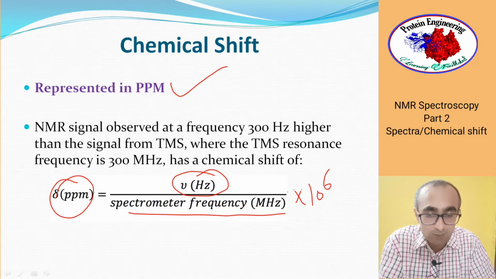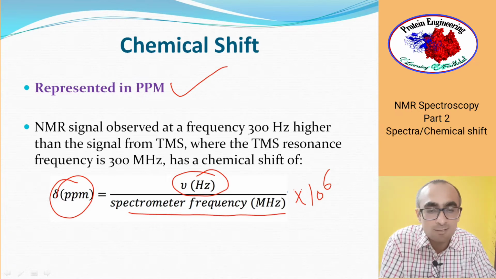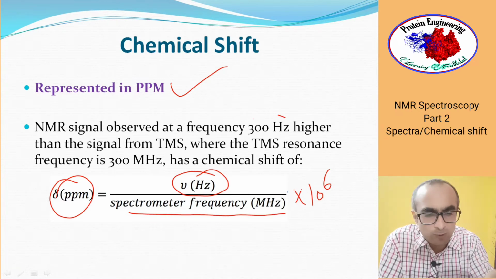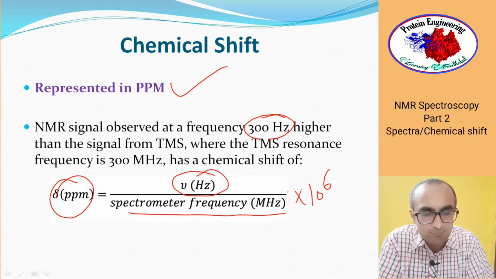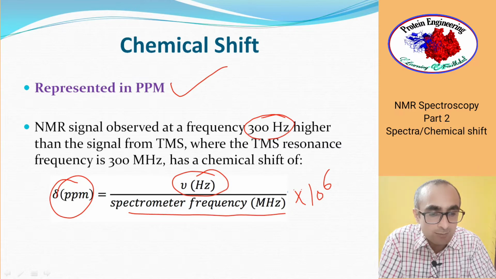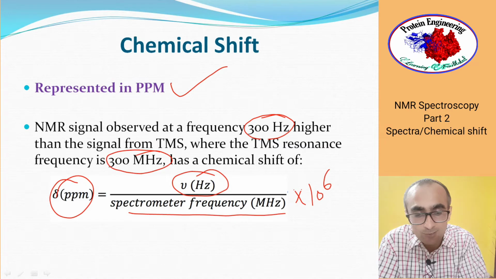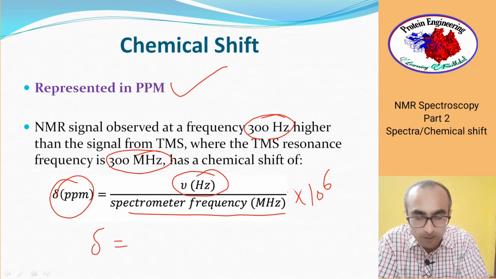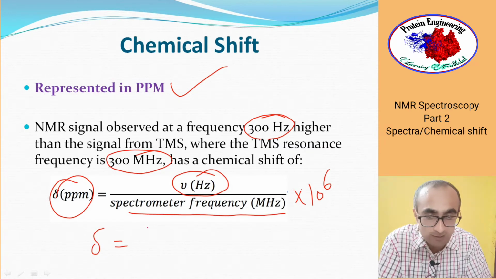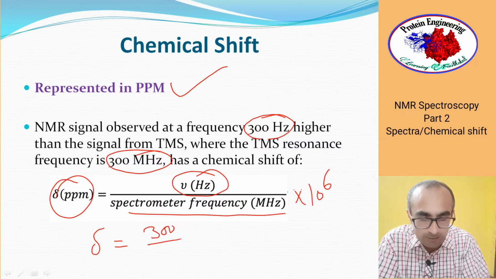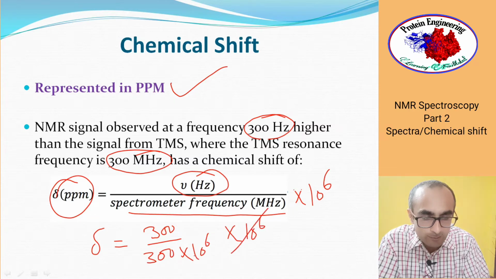For example, if some signal is observed at a frequency 300 Hz higher than the TMS signal, the reference compound, and the spectrometer frequency is 300 megahertz, then the ppm of this nucleus would be 300 Hz divided by 300 megahertz multiplied by 10 raised to the power 6. That would be equal to 1 ppm.